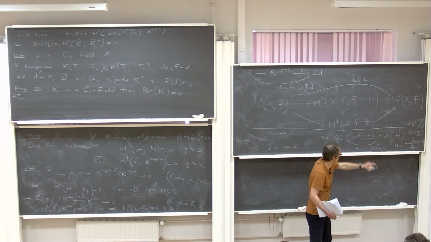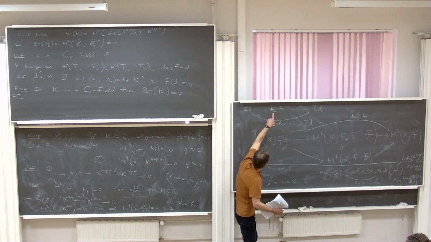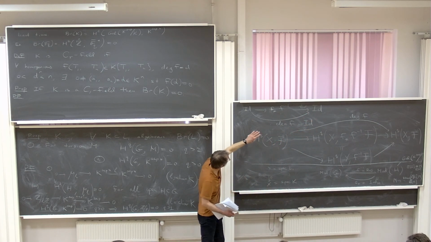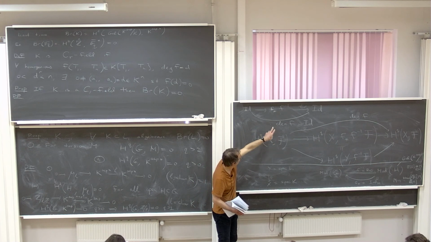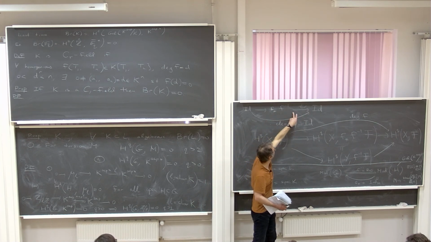So these two are the same. In particular, you get this map just from adjunction. And in fact, I haven't explained it here, but we constructed this counit of adjunction.